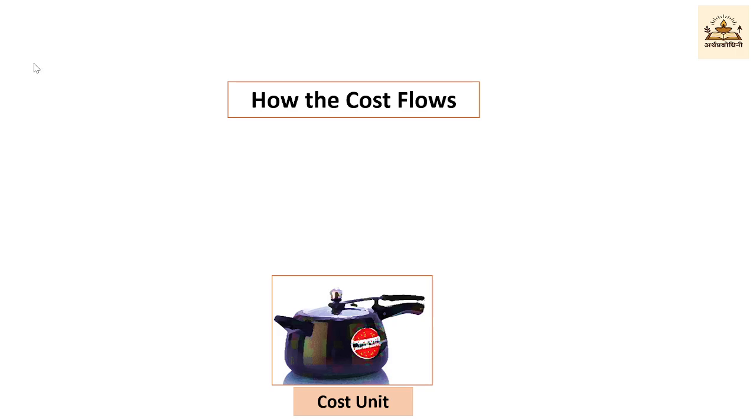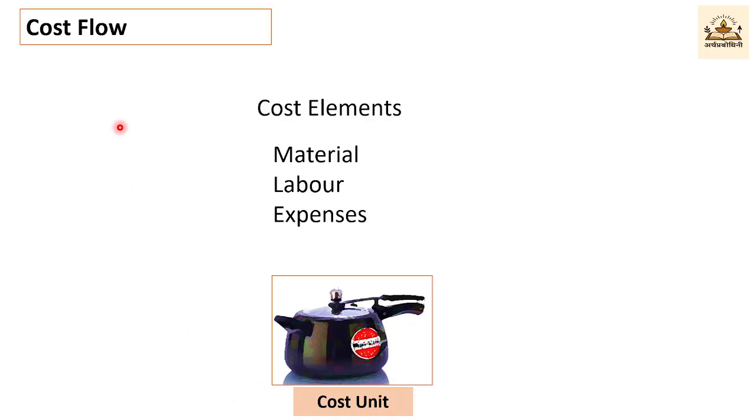Hi, today we'll learn how the cost flows, means how the various expenses incurred to manufacture a product get captured in the cost of the final product. All the costs incurred to manufacture the product are called cost elements.